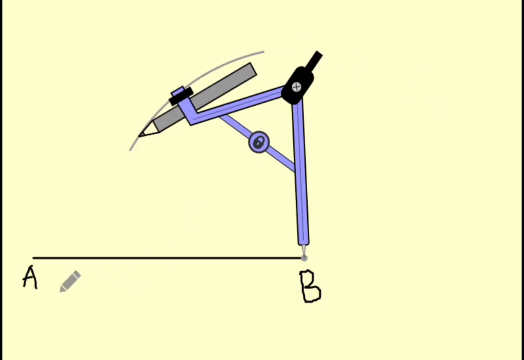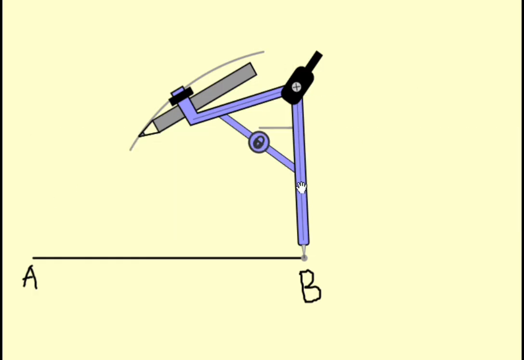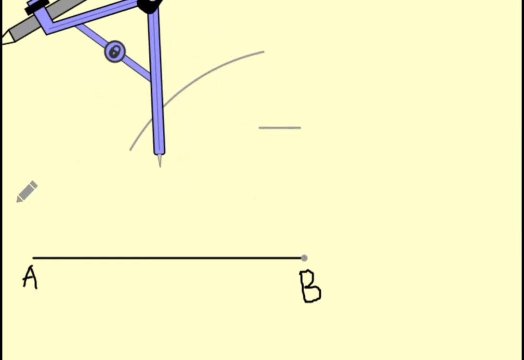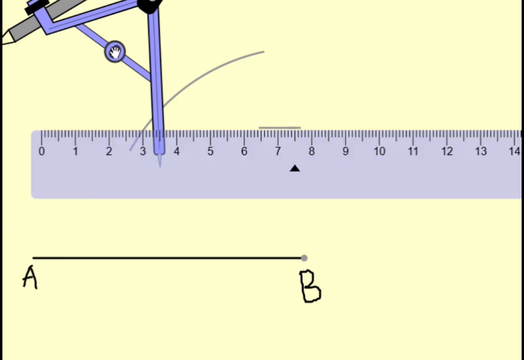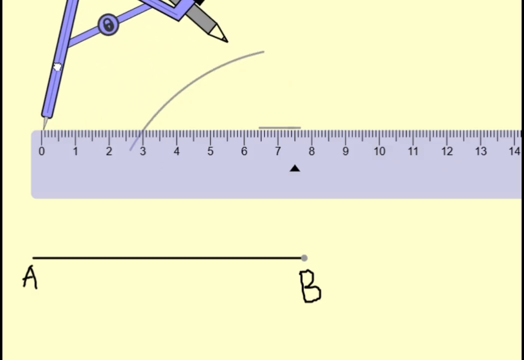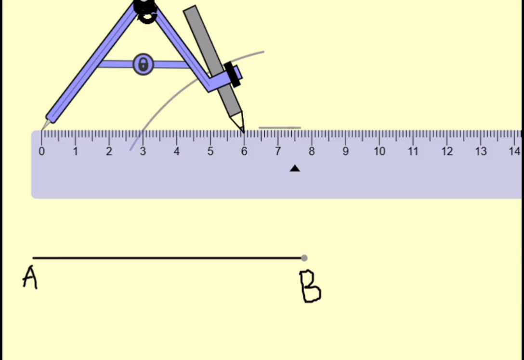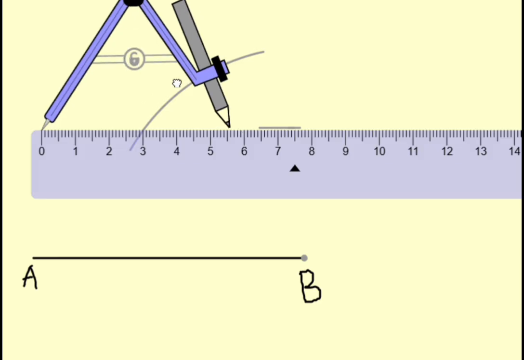And then I take my ruler. Remember, it was 5 centimeters from A to C. I'm going to measure 5 centimeters, putting my compass at 0. And then I close to 5 centimeters.